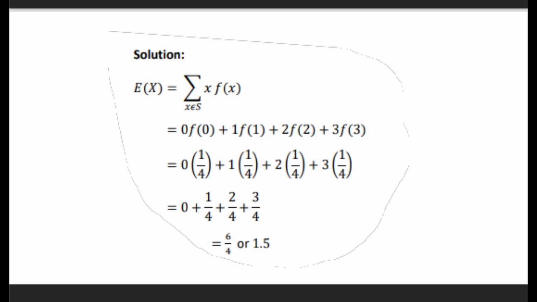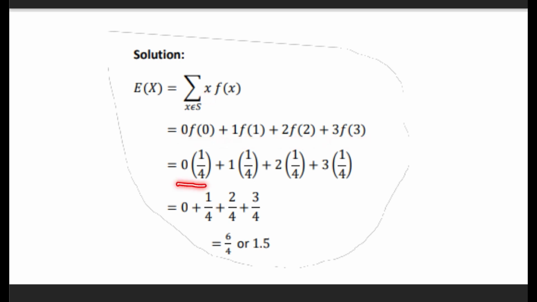Now, for our solution, since the formula of an expected value is equal to the summation of x times f of x as x is an element of S, that is now equal to 0 times f of 0 plus 1 times f of 1 plus 2 times f of 2 plus 3 times f of 3.